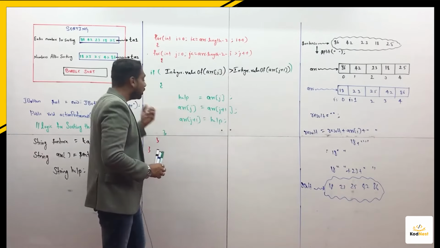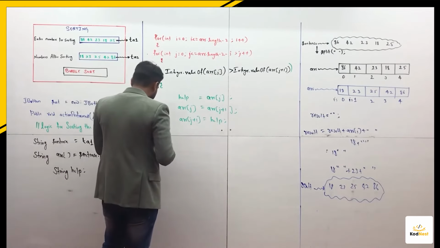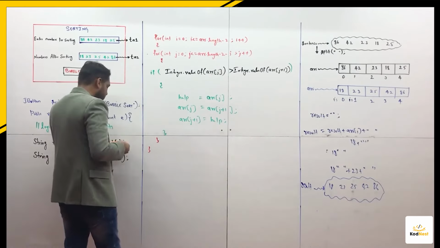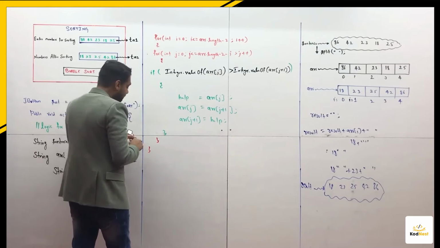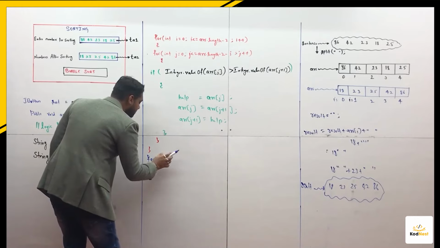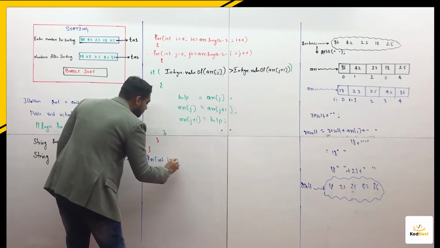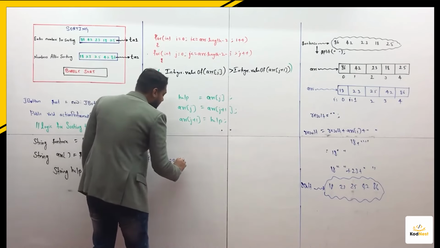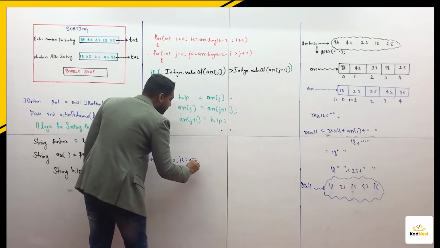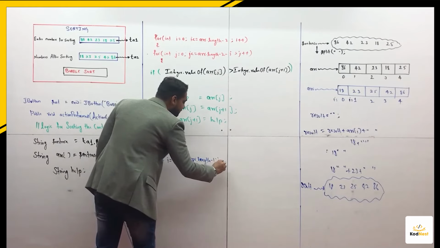Okay, sir, in code format, how to do it? You know it. Look at it. Start from int I equals 0. Go until I is less than or equal to array dot length minus 1, I plus plus.